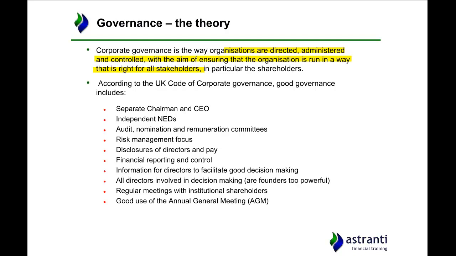What is considered good governance? That's having a separate chairman and CEO. Of course, the CEO is head of the organization, and the board is ahead of the CEO. So the CEO runs the organization on behalf of the board, and the chairman is the head of the board.